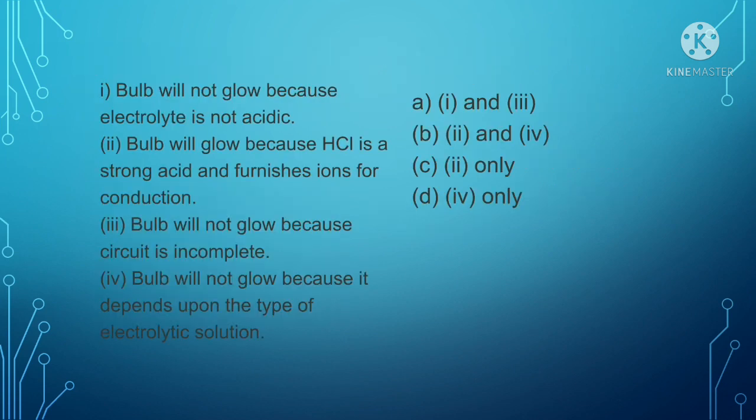The statements are: bulb will not glow because the electrolyte is not acidic; bulb will glow because HCl is a strong acid and furnishes ions for conduction; bulb will not glow because the circuit is incomplete; bulb will not glow because it depends upon the type of electrolytic solution.